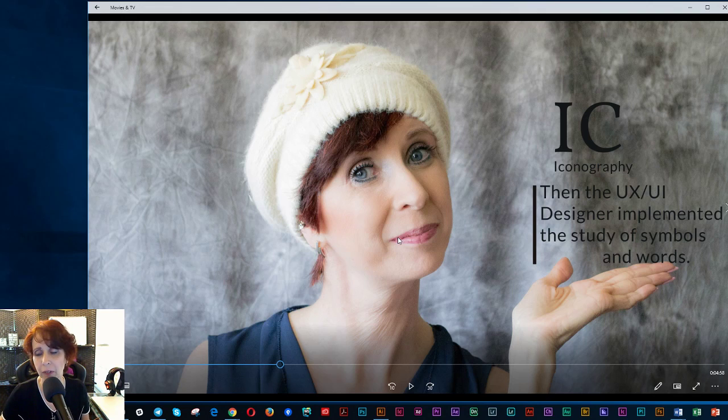So iconography, that is what it is about. It is very technical and visual, so your left brain and right brain work is going on here. But it's really important because it can make or break a user experience. If it's not done right, it can increase customer support and increase the cost the company has to spend.